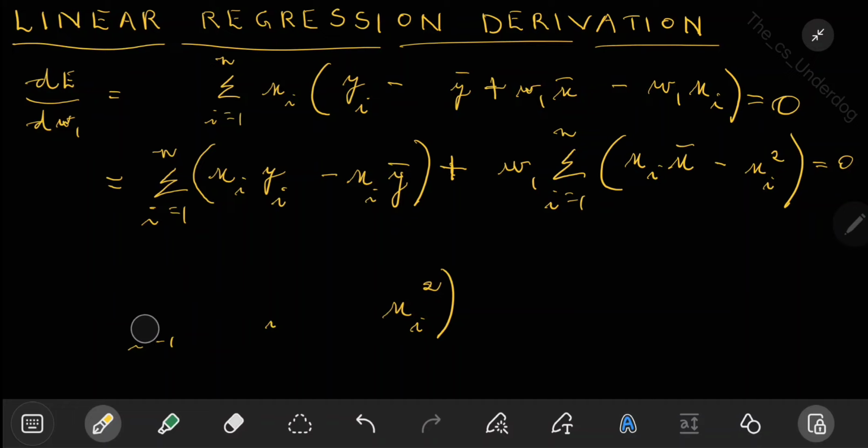So the next step is we have to take the value which is having w1 to one side and which is not having w1 to the other side. So in order to simplify this, I want a minus here. So what I'll do is I'll reverse these two terms. It will become xi square minus xi x bar, and instead a minus sign will come here. Okay, and these two terms I'll reverse, that is xi square minus xi x bar.